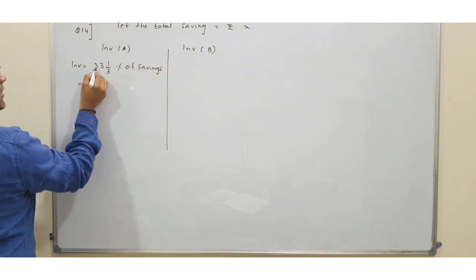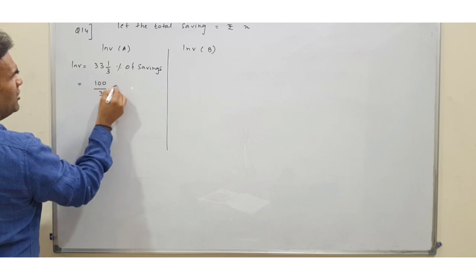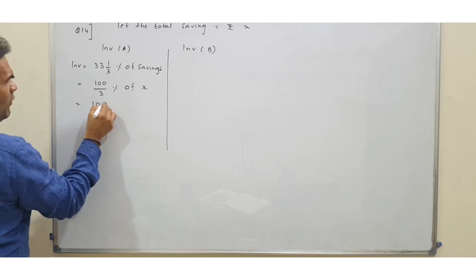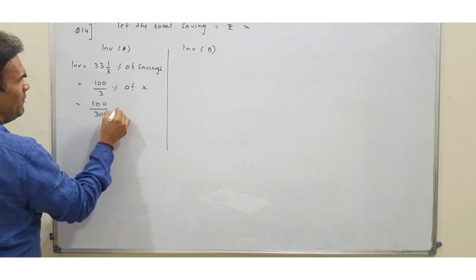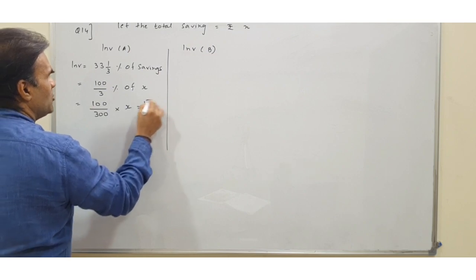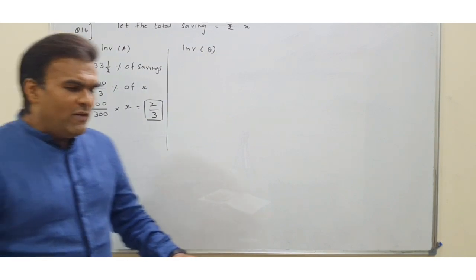Now this would be 33 into 3, 99 plus 1, 100 upon 3% of X. That would be 100 upon 300 multiplied by X, which would be X upon 3. So this is his investment in A. Now what type of investment is this?